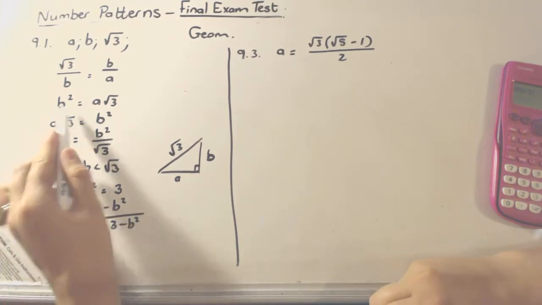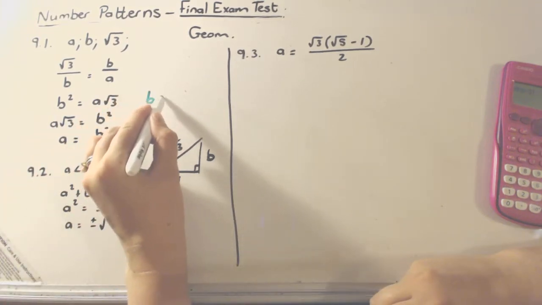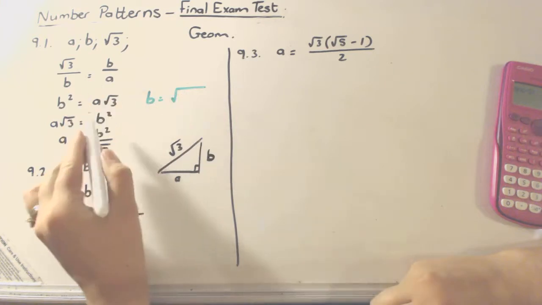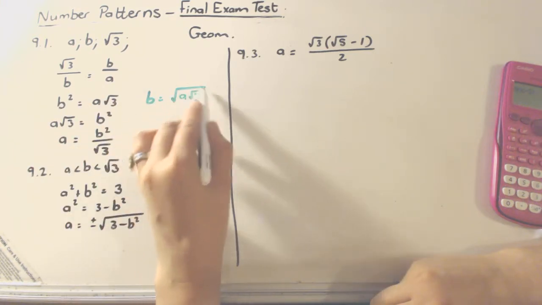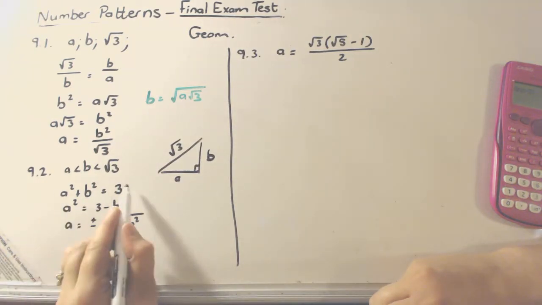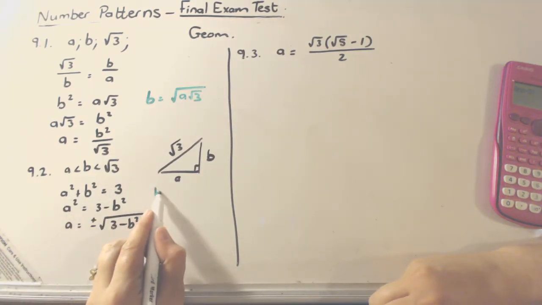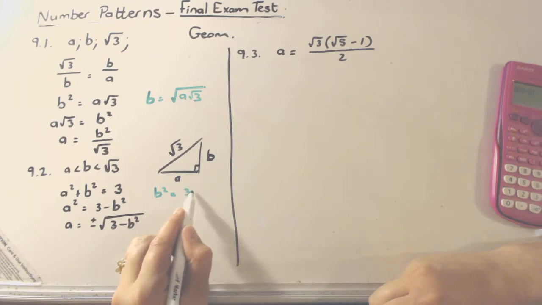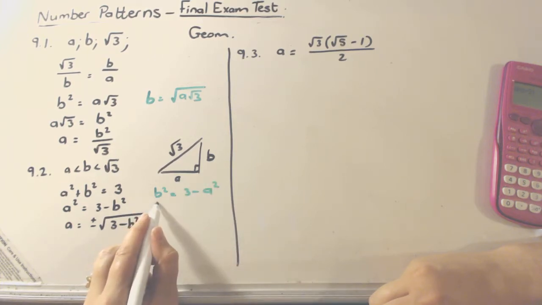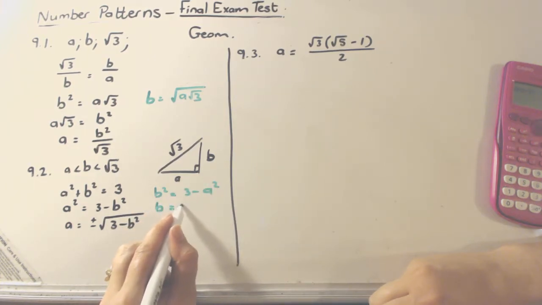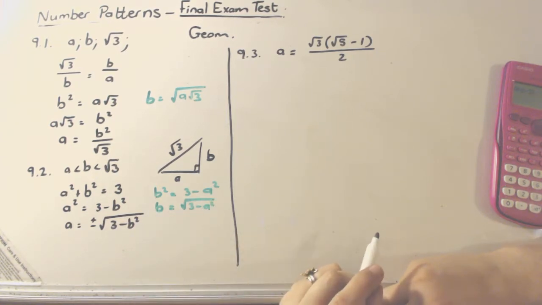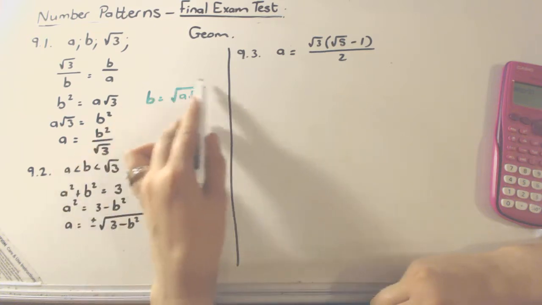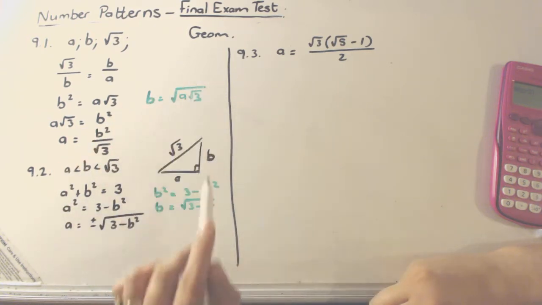I'm going to leave this as it is. I'm just going to write this as b is equal to root 3 times this weird expression. And here I'm going to get b alone. So b squared is 3 minus a squared. So b is root of 3 minus a squared, like that. Right, and then both of these expressions are equal to b.